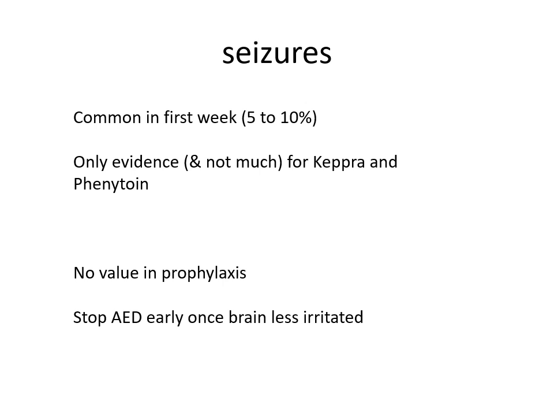There's no evidence for any particular anticonvulsant for post-stroke seizures. There's some evidence for Keppra and phenytoin, none of which reaches significance. In practice, you use Keppra. The problem with Keppra is it's quite sedating at high dose, so you try and limit the dose, and also you try and stop it as soon as possible once the brain is less irritated.